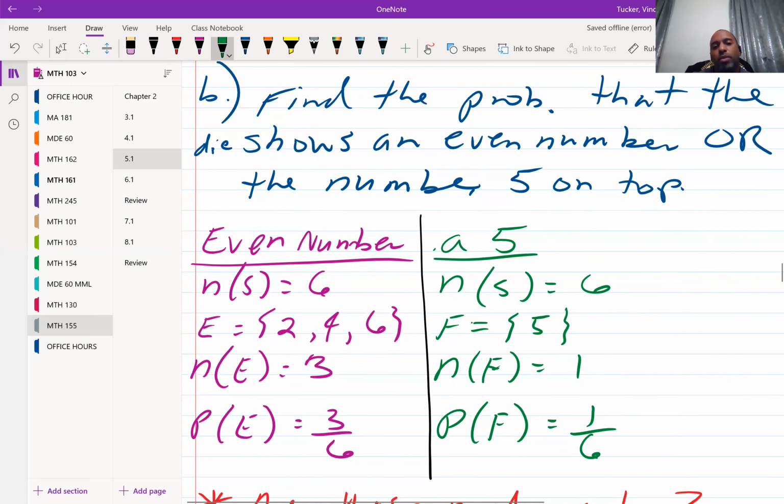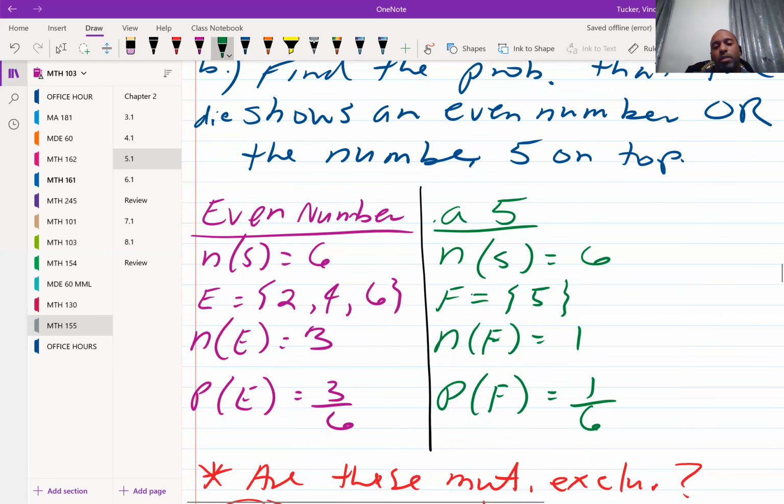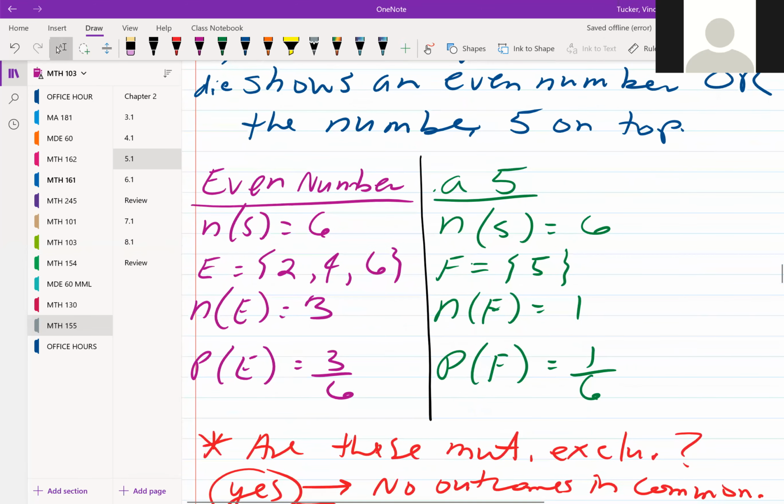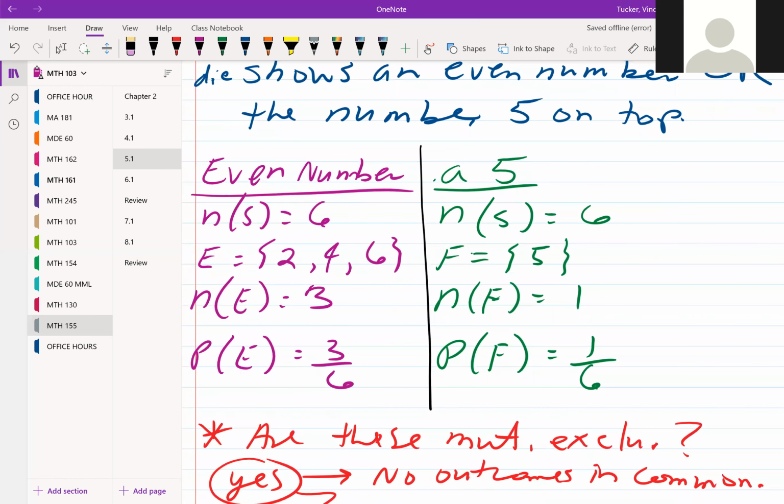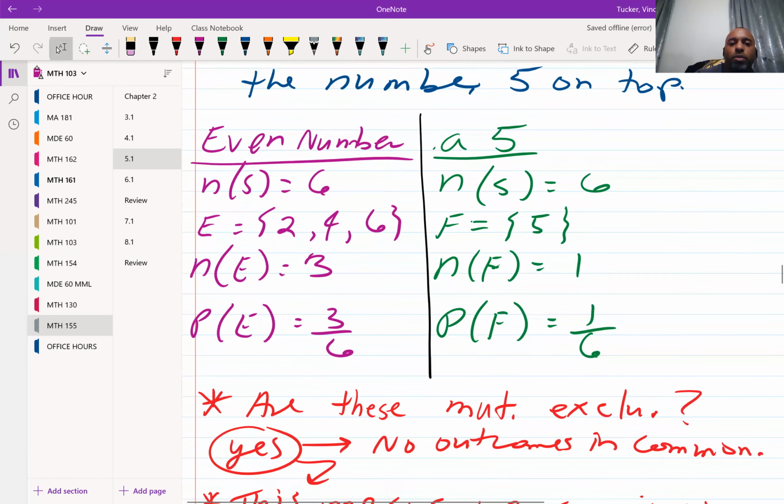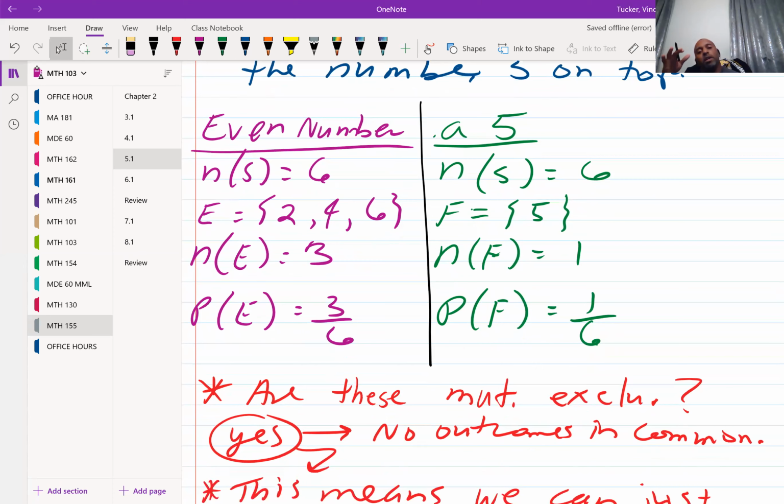All right. Holding on to the blue. All right, so next move, just like before, are these events mutually exclusive?